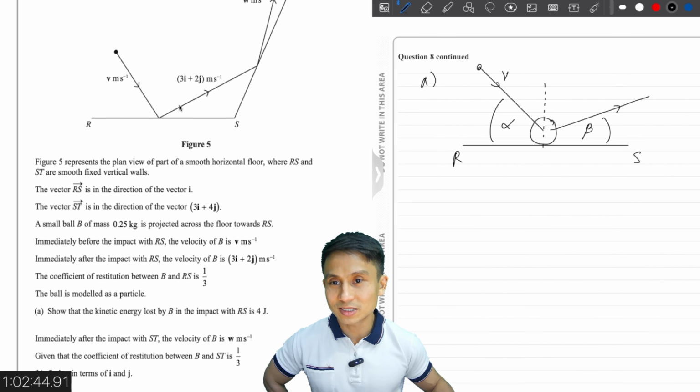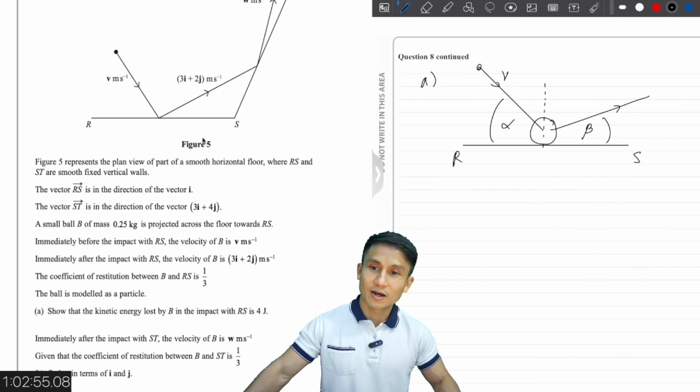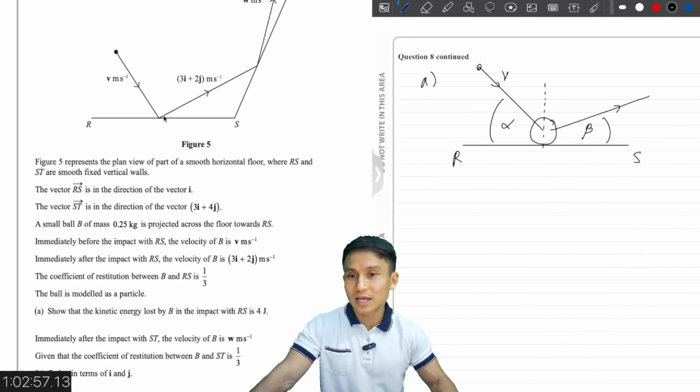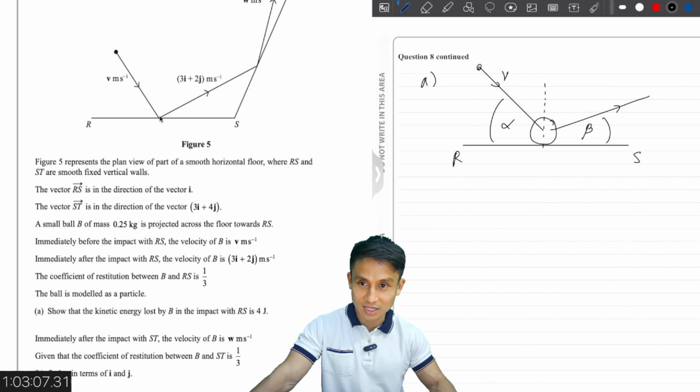This is indicating it's going to the right by 3 units, rising by 2 units. That's the slope there. You can find the angle here. It's telling you that the speed towards the right is 3, upwards is 2. So that means the horizontal component of V here should also be 3, right? So we can calculate a lot of things here.